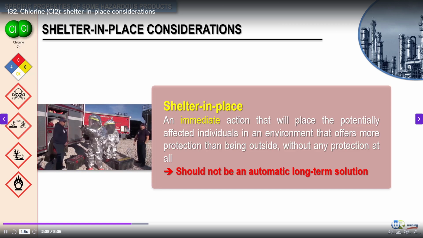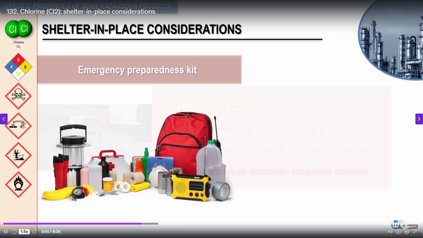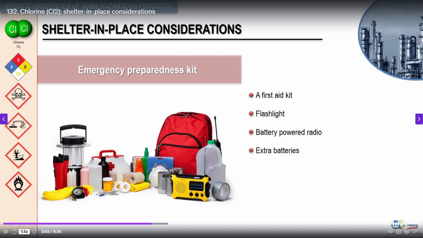It has long been recommended that the general public, homeowners and renters alike, should be prepared for any type of emergency, including weather-related and natural disasters. An emergency preparedness kit is essential and should include a first aid kit, flashlight, battery-powered radio, extra batteries, a means of communication such as a telephone, cell phone, and/or walkie-talkies, along with the emergency contacts pre-programmed for easy access, non-perishable food, and a 3-day supply of bottled water.